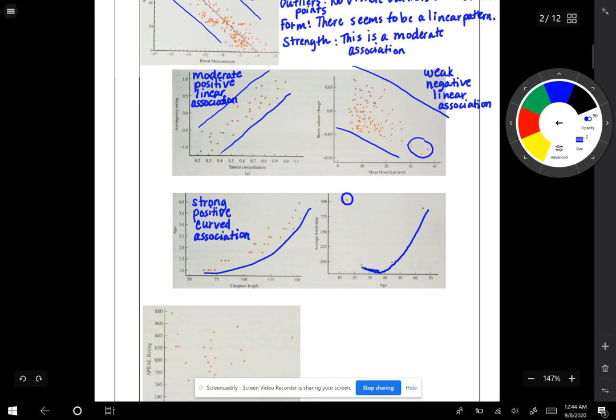However, this is still strong. Okay, so let's write down outlier. It's still positive. I would call it a case for positive, because if you look at the outlier, you could say it could be negative, but it's positive. That's an outlier. You look at all the other points. It's curved. That's the form.